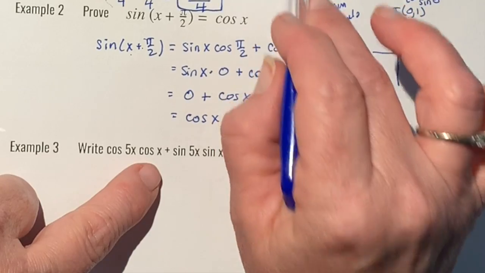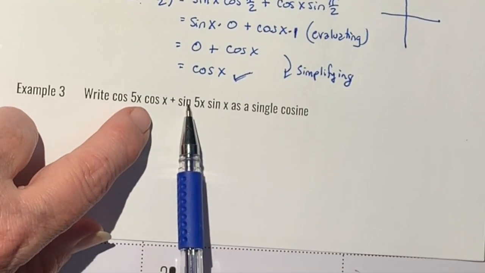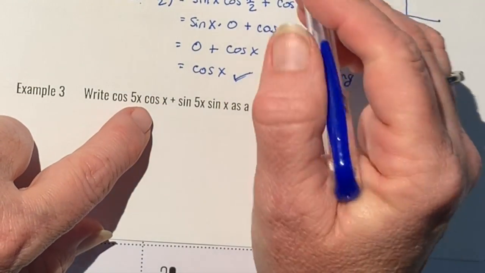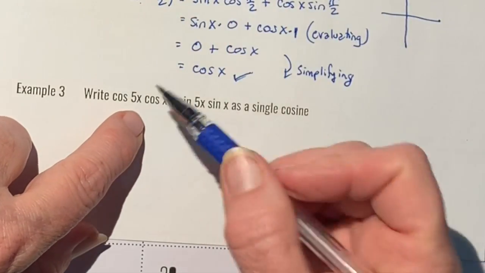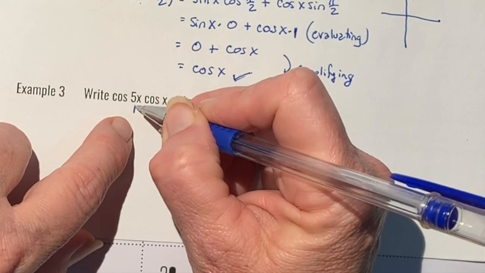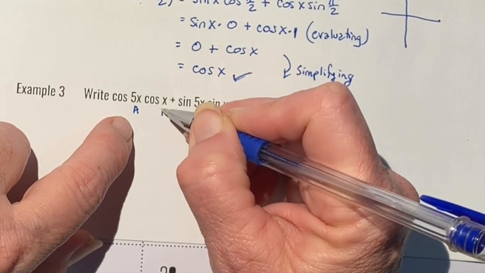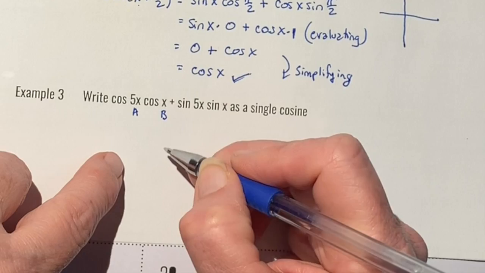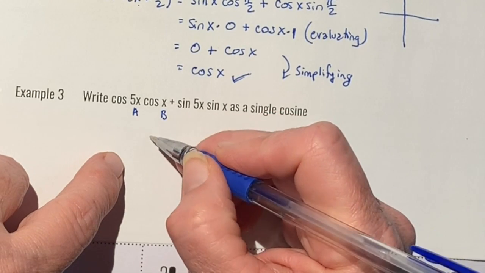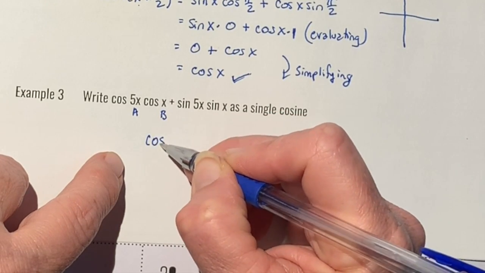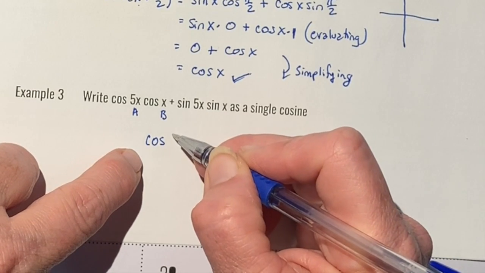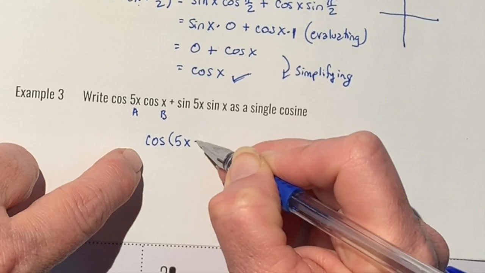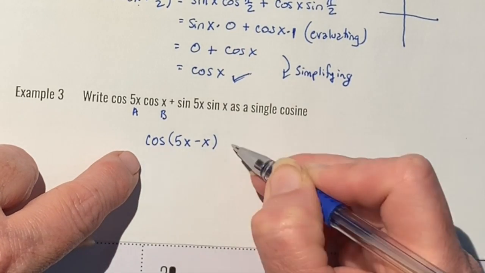Since this is the sum, that means the angle is going to be the difference of the two angles. The two angles, my A and B, are basically 5x and x. So this is just simplifying cosine of A minus B, so cosine of 5x minus 1x.